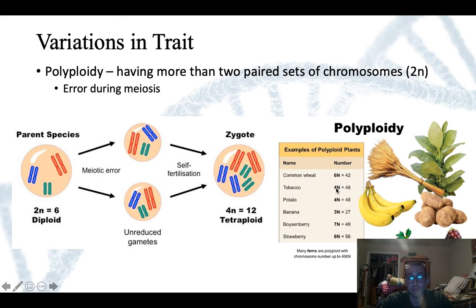So they all have more copies of chromosomes than standard organisms that have 2 copies, right? And at an extreme end are ferns, which can have up to 400 copies of chromosomes, which is insane. But just something interesting, and this process can result in very different traits than the normal species.